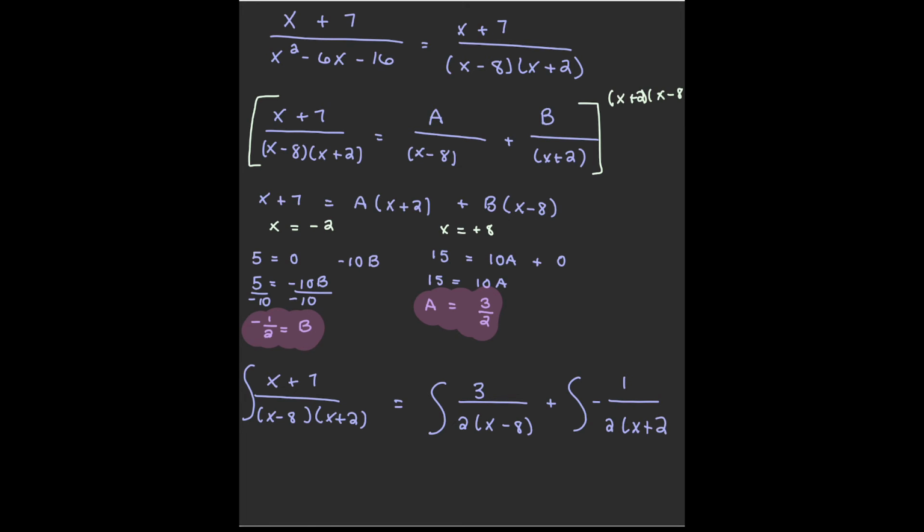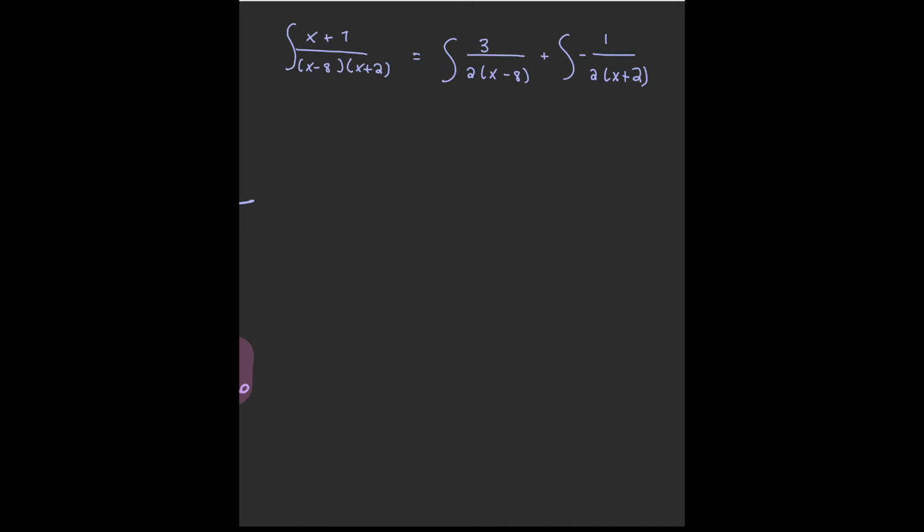2 times (x plus 2). We're going to start with this integral right here. The first thing that I notice is that we can pull that 3/2 out of that integral, and we'll be left with 1 divided by x minus 8. And we can pull that -1/2 out of this one right here. So I'm going to have -1/2 times the integral of 1 divided by x plus 2.